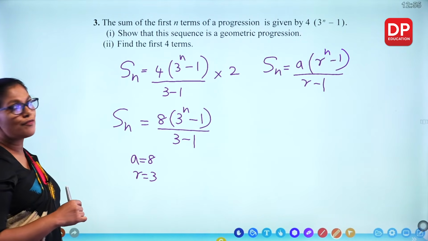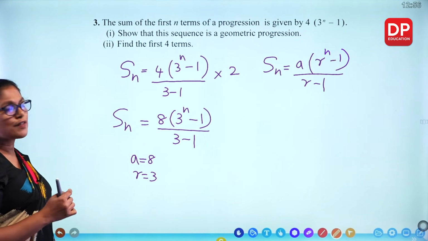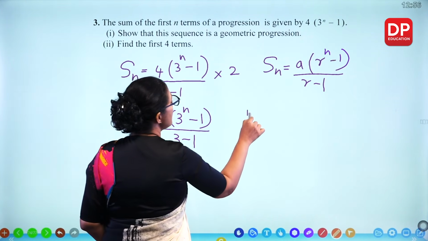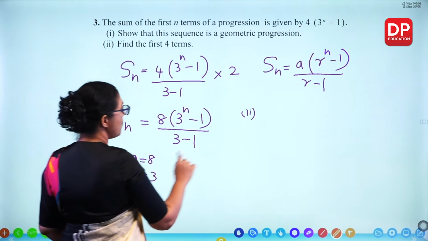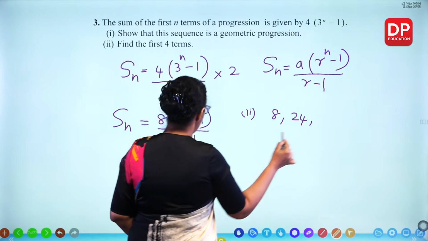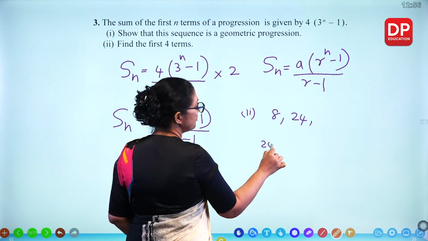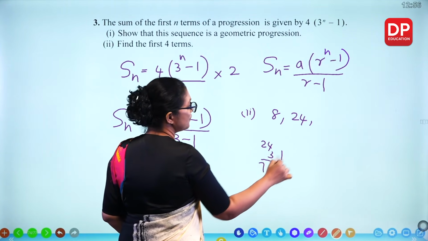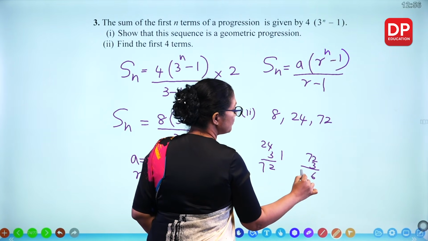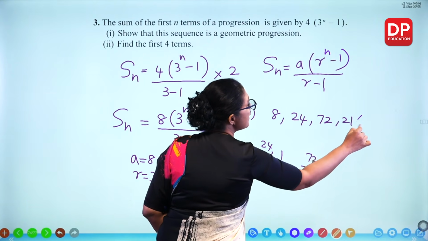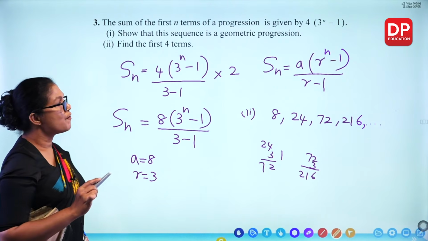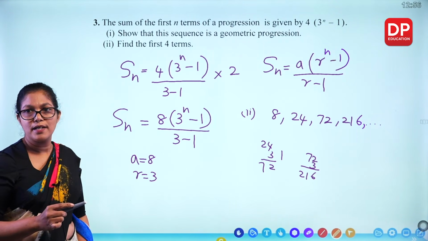And then you are asked to find the first 4 terms. Starting from 8: 8 times 3, 24. 24 times 3, 72. Then 72 times 3, 216. So these are the 4 terms for this geometric progression.